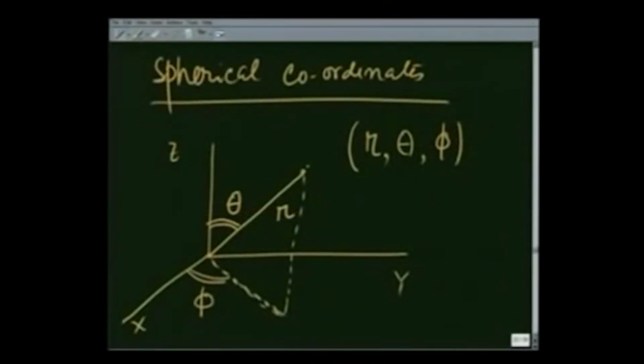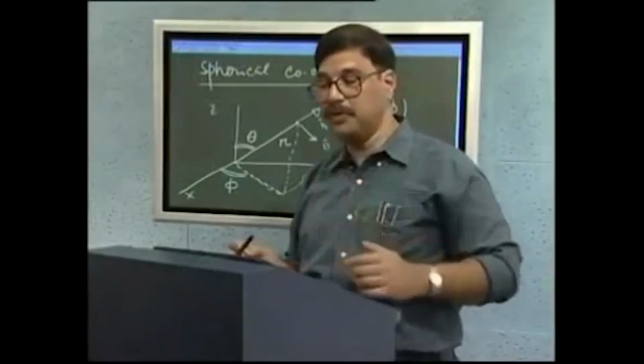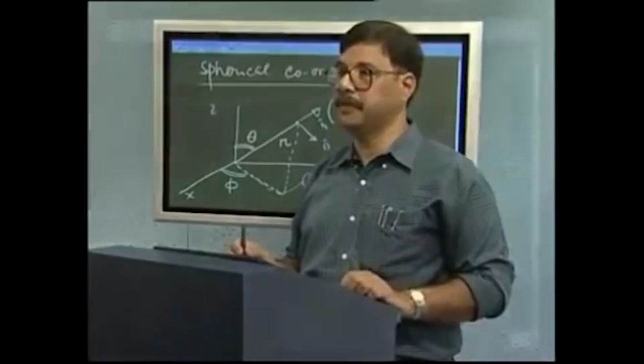The unit vector r is going to be in direction of the radius, unit vector theta is going to be in the direction of increasing theta, and unit vector phi is going to be in the direction of increasing phi. You can see that the phi unit vector is confined to xy plane, whereas r and theta are going to have component in all x, y and z direction, and in the next few minutes we are going to see how these unit vectors are represented.